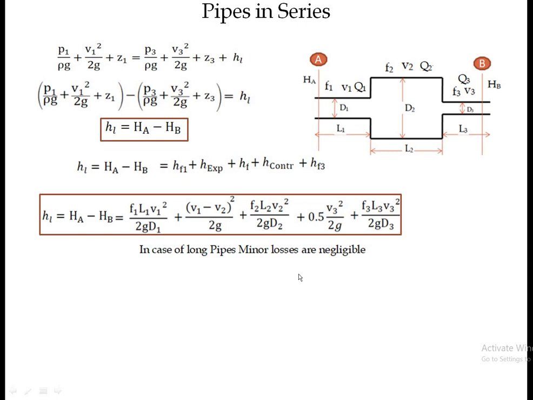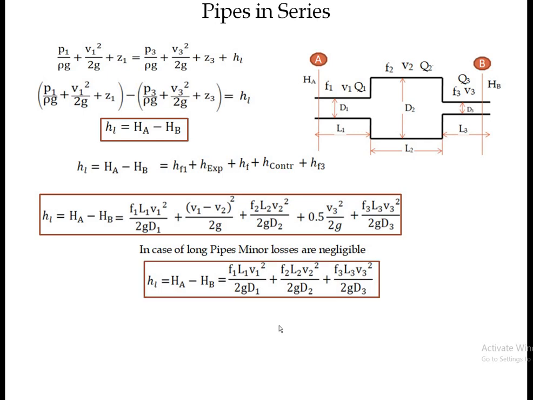Therefore we can neglect the minor losses for long pipes, and the equation becomes HL equals HA minus HB equals F1 L1 V1 square upon 2G D1 plus F2 L2 V2 square upon 2G D2 plus F3 L3 V3 square upon 2G D3. We have neglected the two minor losses due to sudden expansion and sudden contraction. So this is the total head loss in case of long pipes.